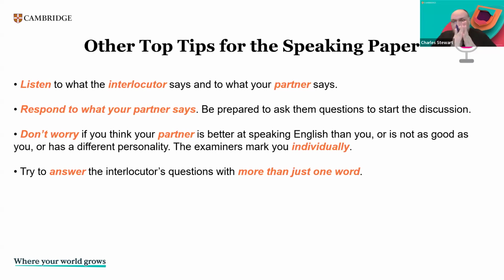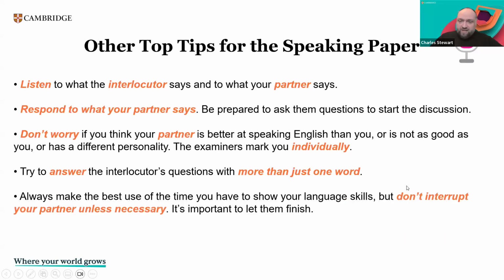So make sure that you are extending your answers a bit, more than just one word. Remember, you need to give them enough of your English. You need to demonstrate it so that they can accurately assess it. So always make it a habit to answer with more than just one word or phrase.